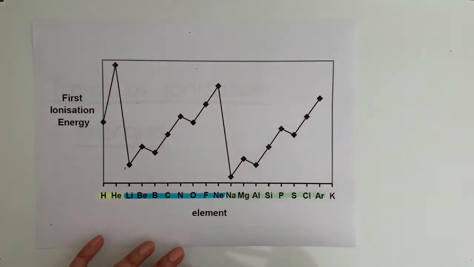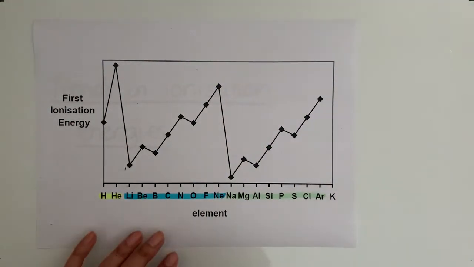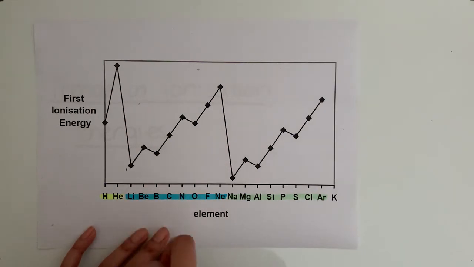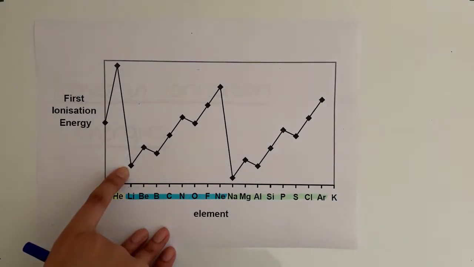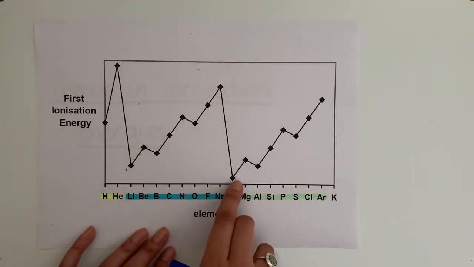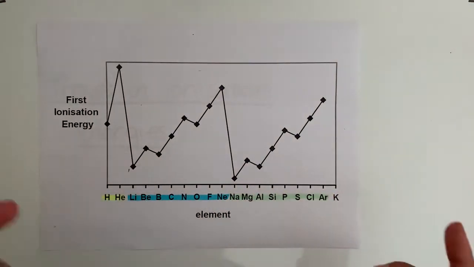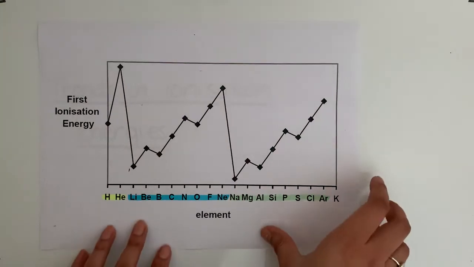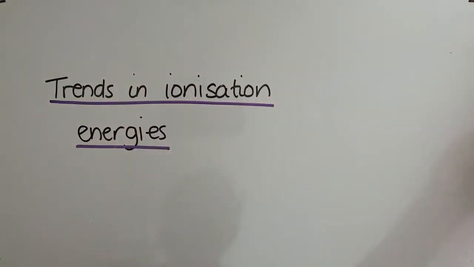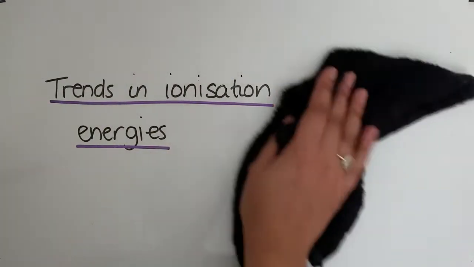The same thing happens in group 1: from lithium to sodium there's a decrease, and potassium would be even lower. So going down a group, there is a decrease in ionization energies. Let's now explain that trend.